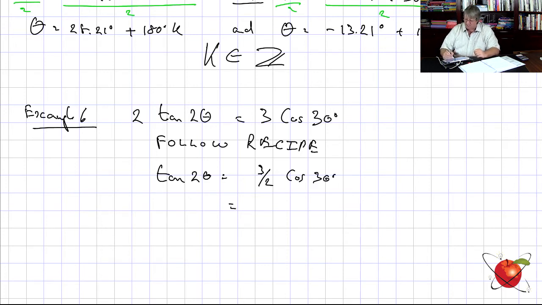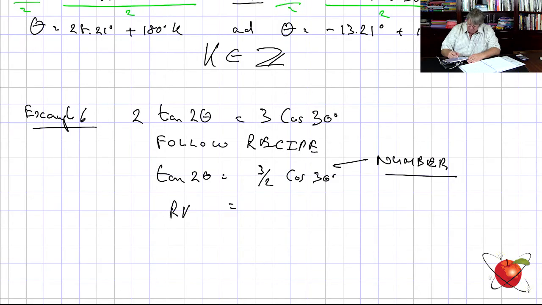Then you recognize that cos 30° is a number. Guys, it's a number. So if they put it there, you can work it out. I say the reference angle is equal to the angle whose tangent, arctan, tan to the minus 1, inverse tan, is 3 over 2 cos 30°.